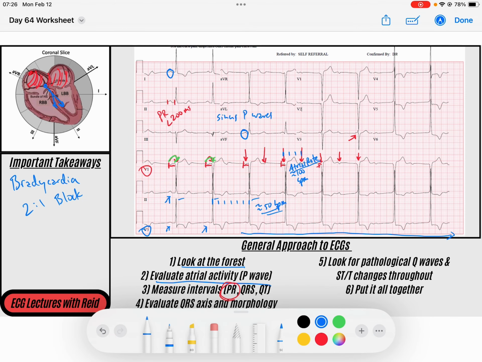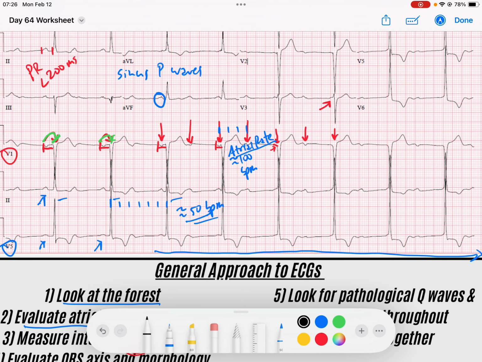But what we would see with that is a P wave that conducts to a QRS, and then the next QRS is not until 2 P waves later. And we don't see that, right? Because we don't see P waves in front of all these QRSs.